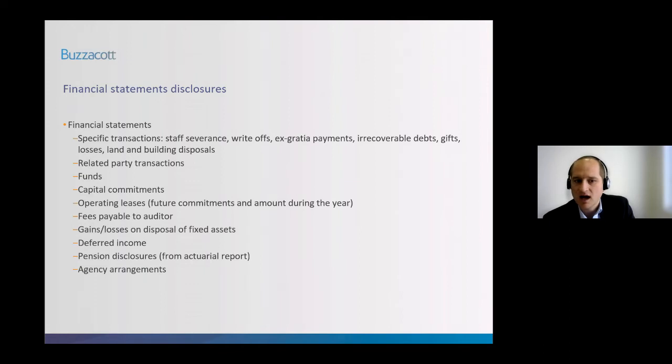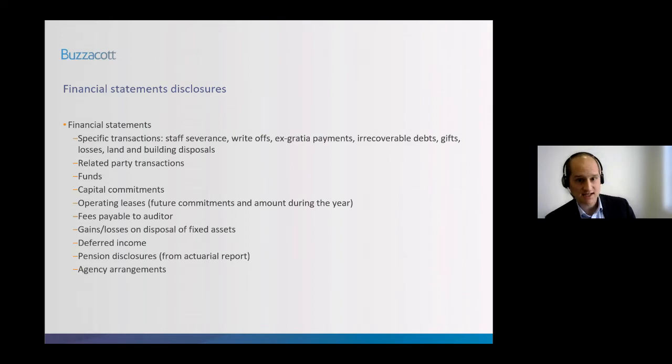There needs to be schedules and workings done to produce that note to the accounts just as part of the year-end process. So all of these items are really important to plan out and make sure that you've got the information ready for the accounts preparation if any of these items do apply to you.